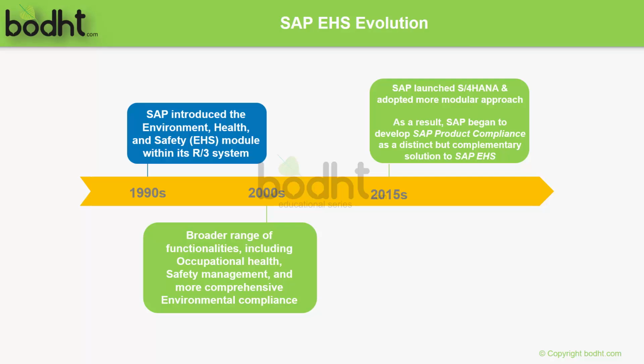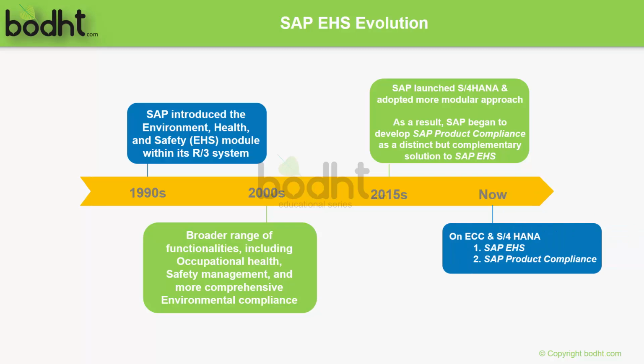And since we have the modular approach, now SAP on both ECC as well as S4HANA, now they have SAP EHS as well as the SAP product compliance. And this SAP product compliance is a distinct module but complementary solution to SAP EHS.